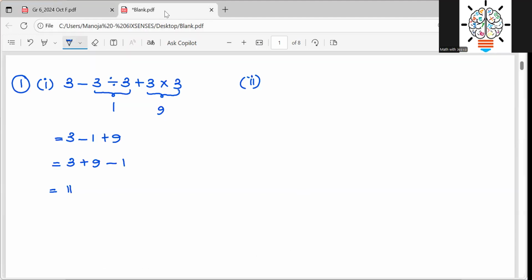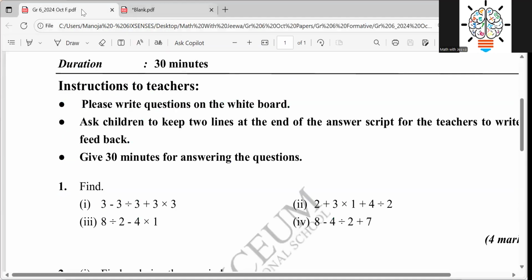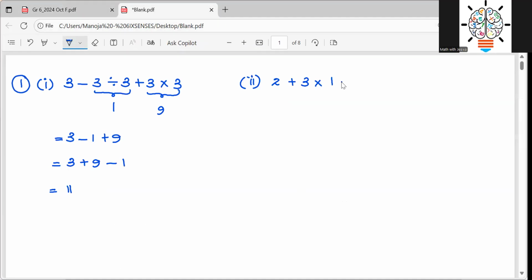2 plus 3 times 1 plus 4 divided by 2, right? Here again I do the division first, right? So this is 2. And then 3 times 1, it is 3.